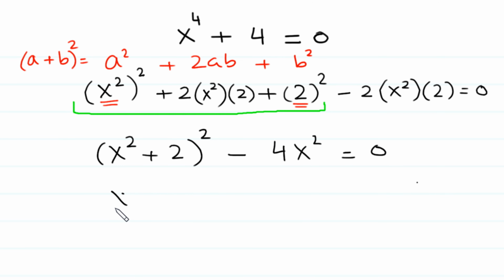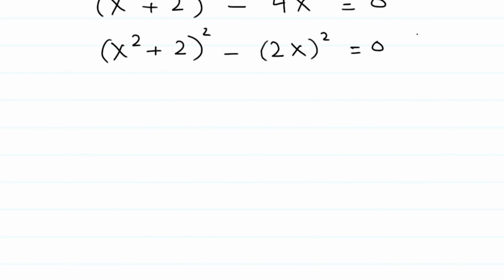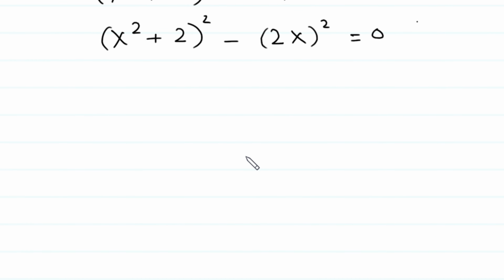Next, x square plus 2 whole square minus this 4x square can be written as 2x whole square is equal to 0. Next, there is an algebraic identity that a square minus b square is equal to a minus b times a plus b.